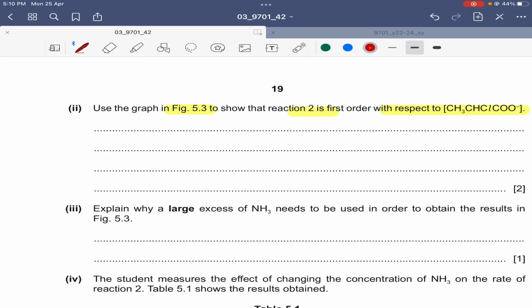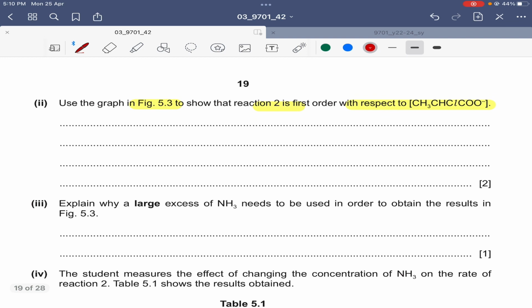So use the graph in figure 5.3 to show that reaction 2 is first order with respect to chloropropanoic acid. You have to show at least 2 half-lives. So the half-life for the reaction is constant.